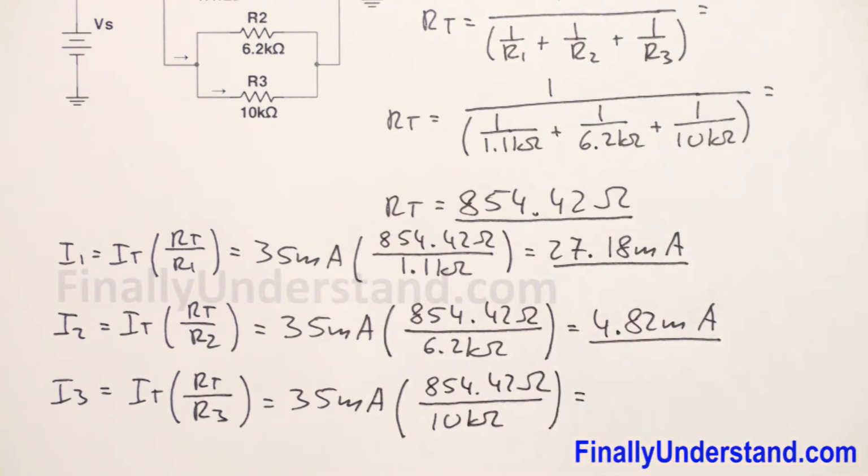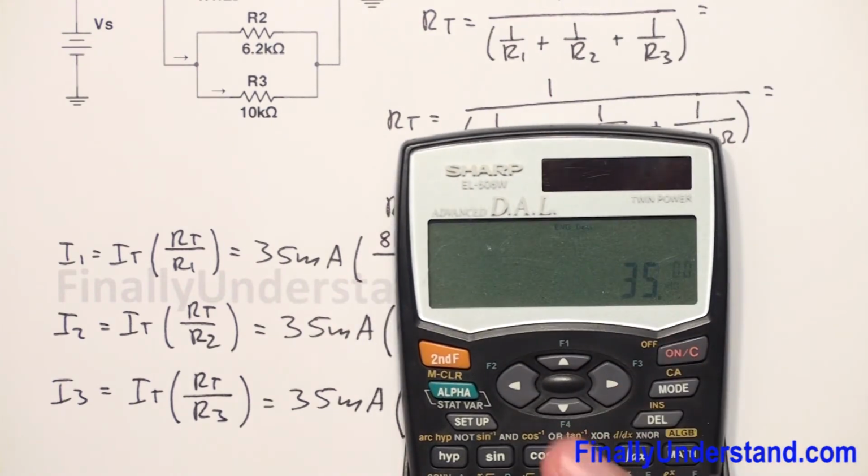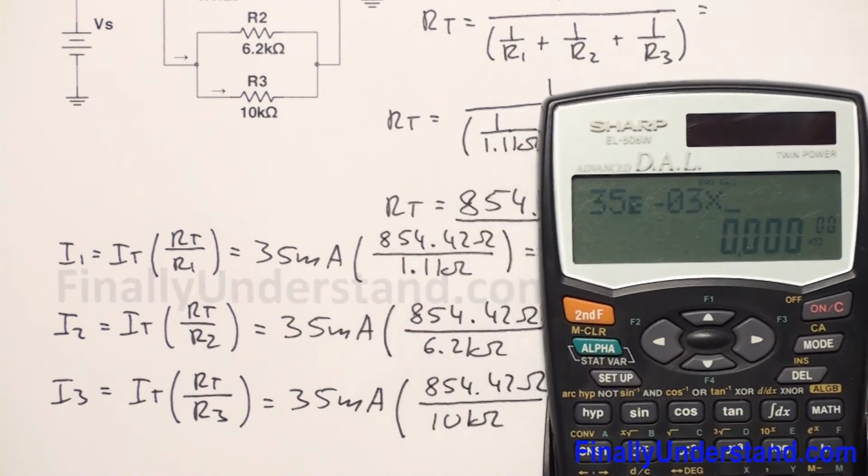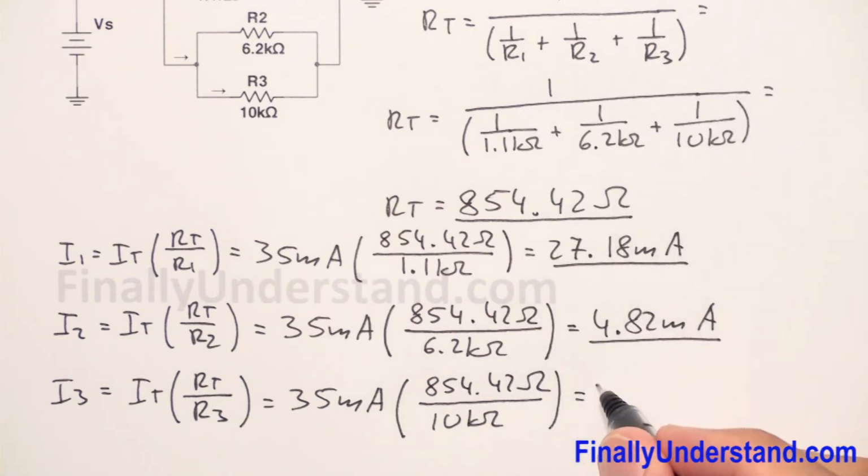So 35 exponent negative 3 times 854.42 divided by 10 exponent 3 equals 2.99 milliamps. This is actually 3 milliamps, so I'm going to write 3 milliamps. Okay, we found all 3 currents.